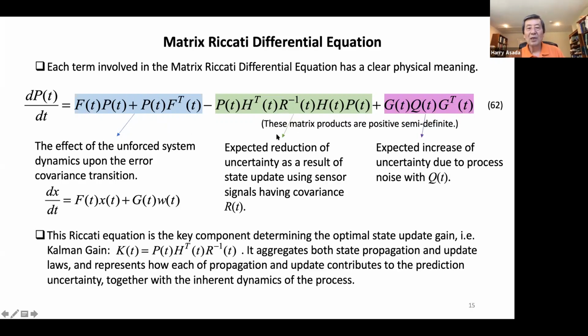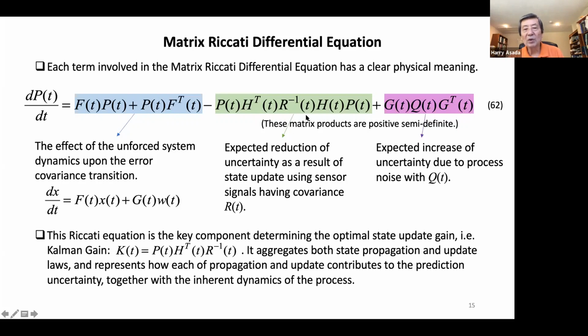Second term, well, if you look at this expression, you can easily find that this one is a symmetric matrix, right? Plus, you can also easily prove that this matrix is at least positive semi-definite, right? You know how to prove that, right?